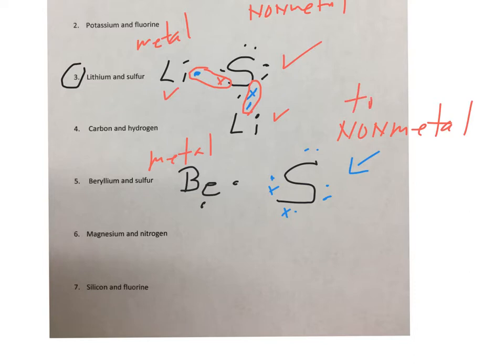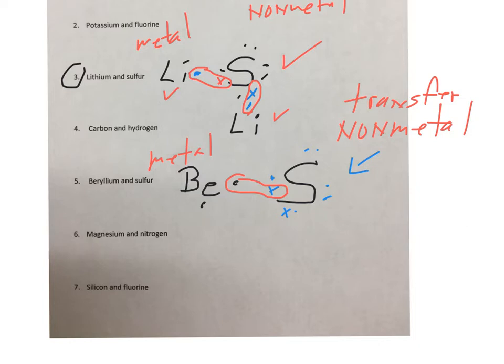It's going to transfer. Okay, so this dot is going to transfer to sulfur. Because sulfur already has 6, it's easier for it to pick up only 2. Beryllium only has 2. It's going to be easier to transfer those 2 and lose 2 electrons than try to gain 6 electrons from someone else.